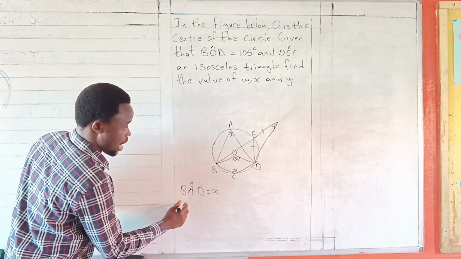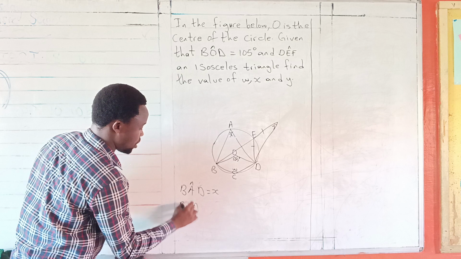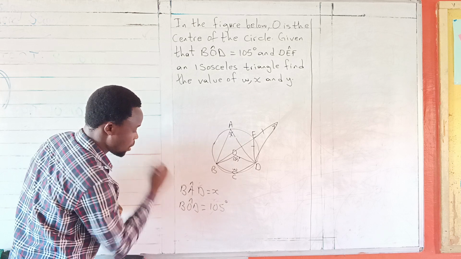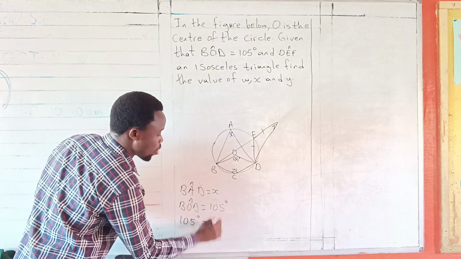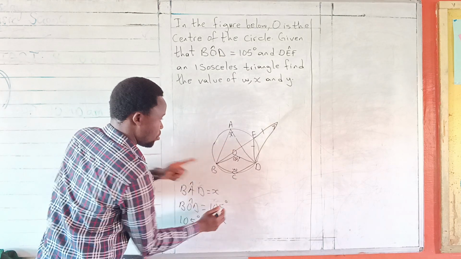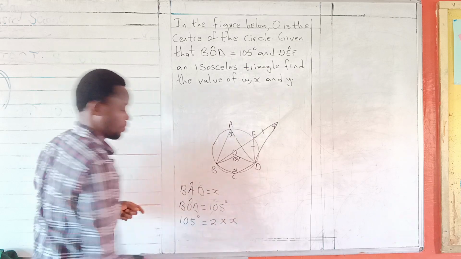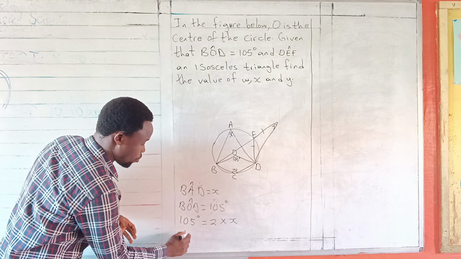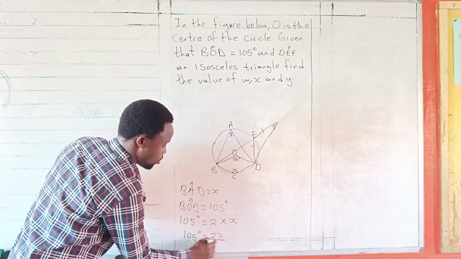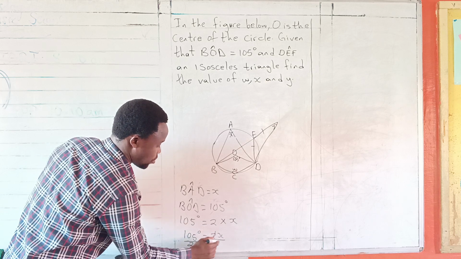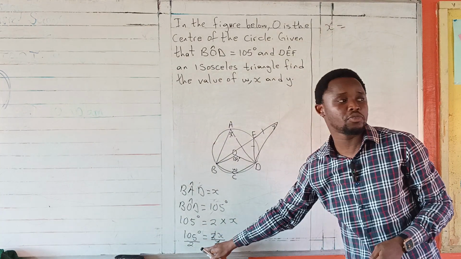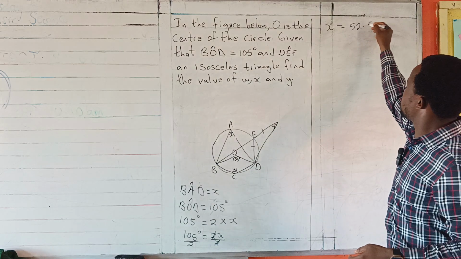That is to say, angle BOD, which is 105 degrees, is twice BAD, which is X. So we have 105 degrees equals 2X. When you divide both sides by 2, the 2 cancels, and your X is 105 divided by 2, which is 52.5 degrees.